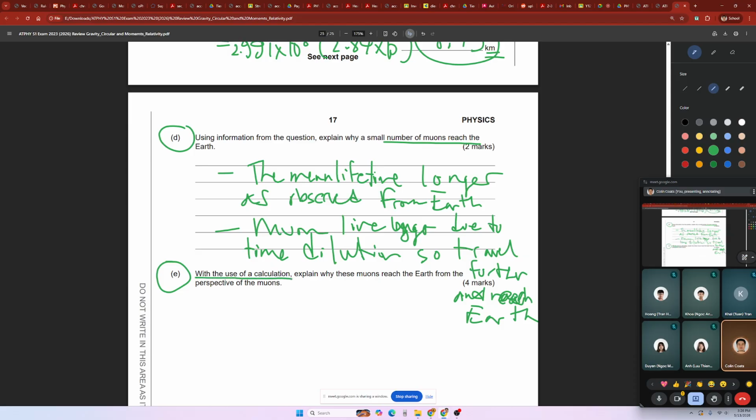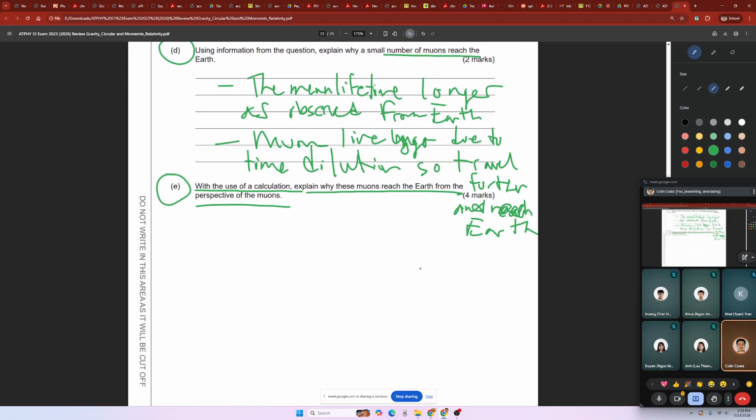Use calculation to explain why muons reach the Earth from the perspective of the muons. Okay, so from the perspective of the muons, why could they reach the Earth?